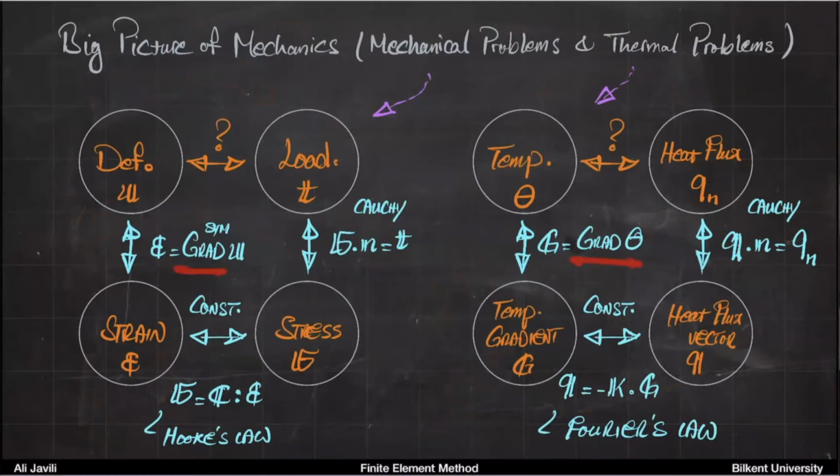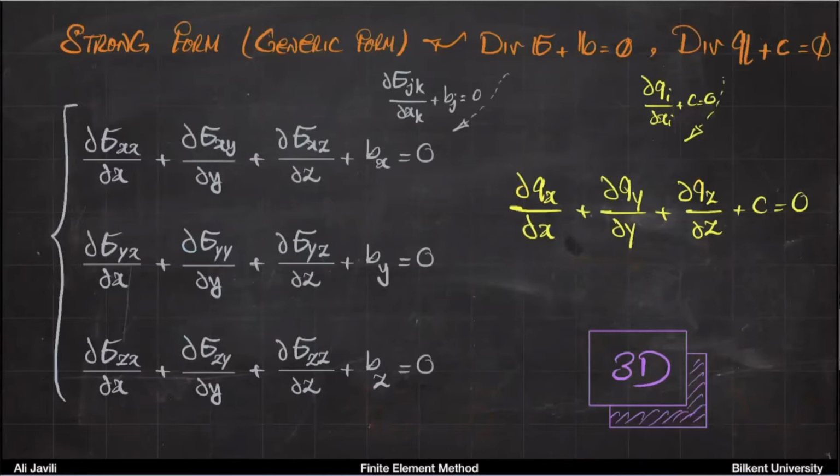You don't see divergence of Q and divergence of sigma because they are in the next slide, but those will also relate to your governing equation or your balance equation. And these are how the strong form or the balance equation look like for a mechanical problem and for a thermal problem.